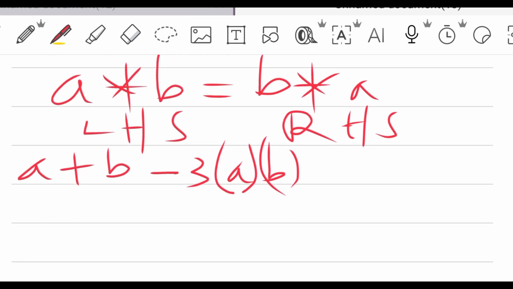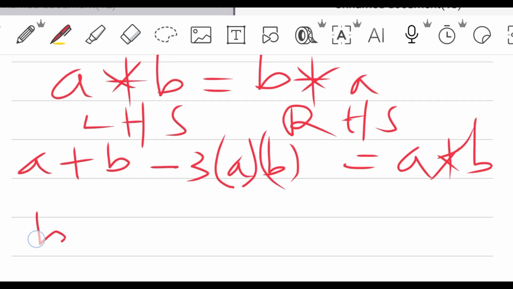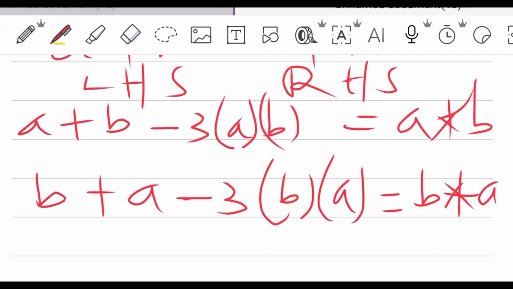On the right hand side, we have B operation A, right? Let's get it right. For the right hand side, B is the first term, so B comes first, plus A, minus 3 times B times A, and that is B operation A. So the next thing we do is that we compare.